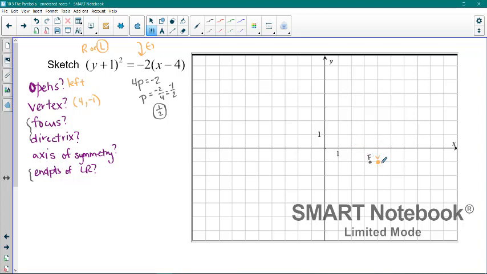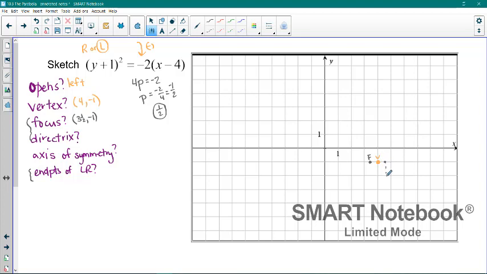Well, if I was at 4 and I came back a half a unit, I am now at 3.5, -1. Otherwise known as (7/2, -1). My directrix is a line in the opposite direction from the focus. So instead of a half to the left, I'll go a half to the right.